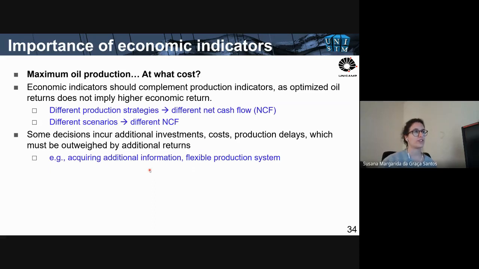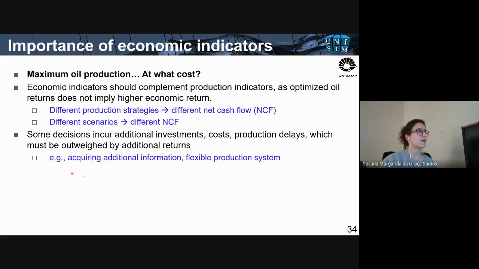But if I just want to produce a lot, I go there with no restriction and do everything I can to produce. But will it be profitable? Will I get the most of my investments out of it? That's why we have shown that the incorporation of economic indicators is so important.